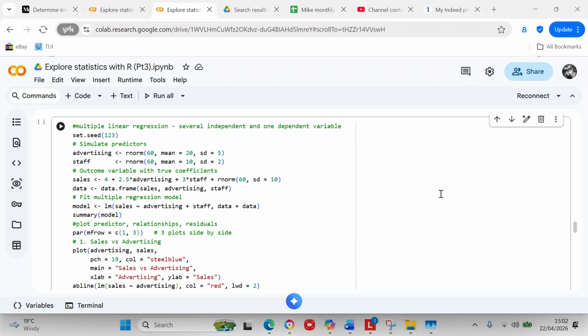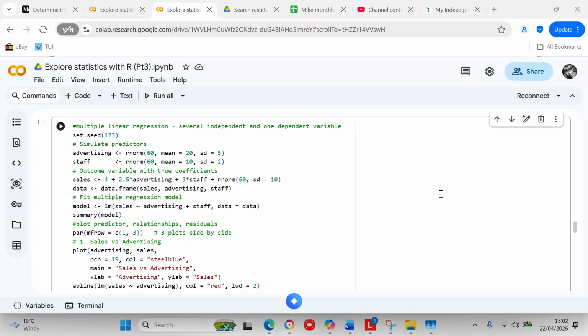And then we're going to take the two independent variables and the dependent variable, and we're going to create a data frame out of that. So data becomes data.frame bracket sales, comma, advertising, comma, staff. And so sales is your y variable, and advertising and staff are going to be your x1 and x2 variables.